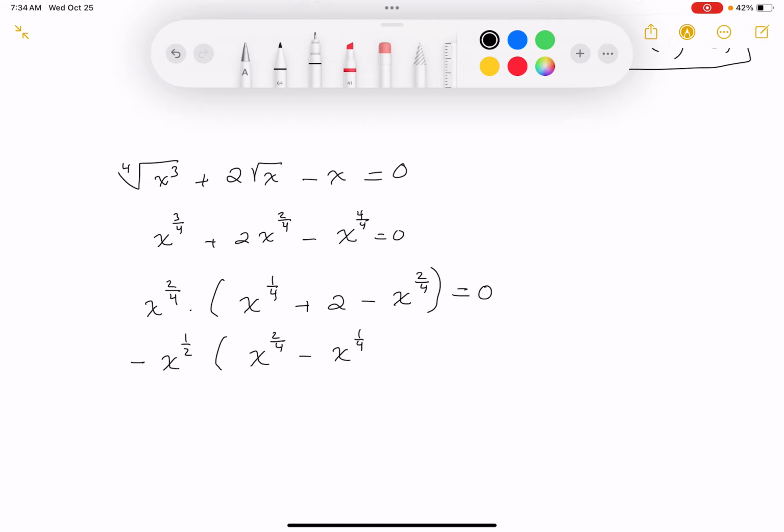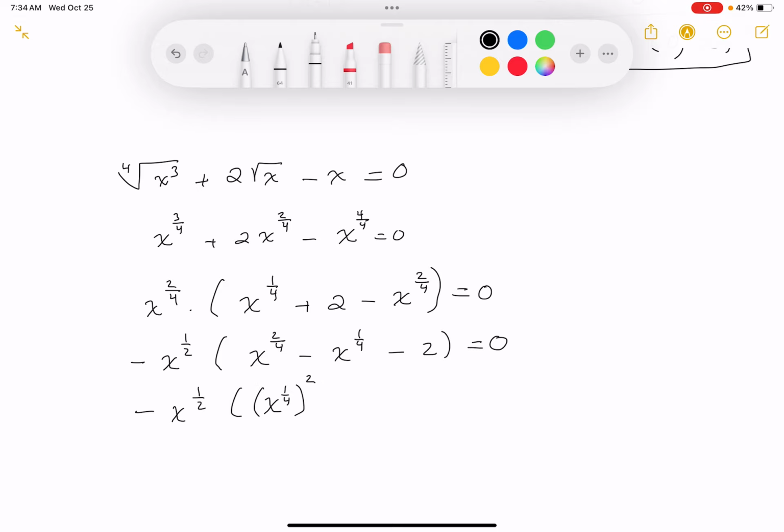This is sort of looking quadratic to me now. And then minus 2 equals 0. I'm going to write it down so it does look quadratic: x to the 1/4, squared, minus x to the 1/4, minus 2 equals 0.